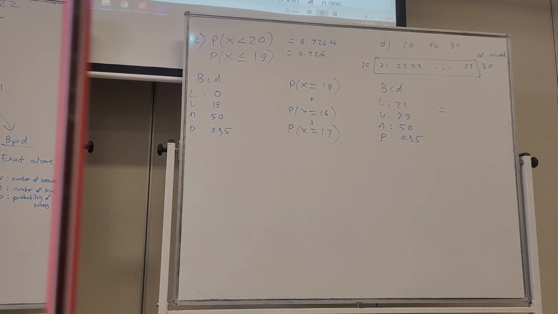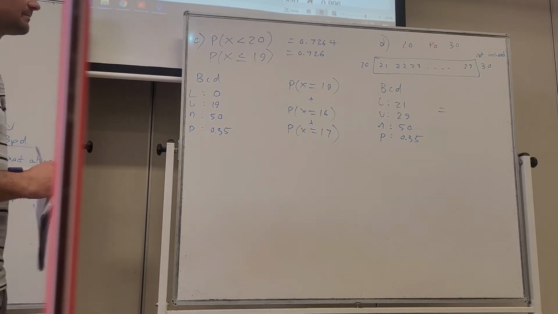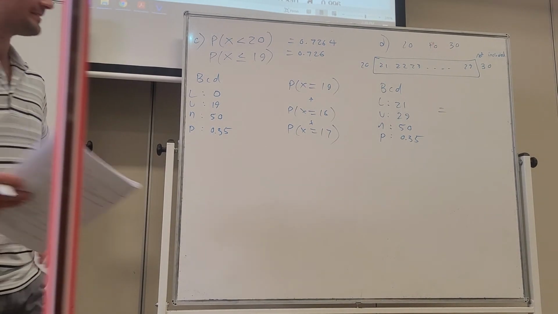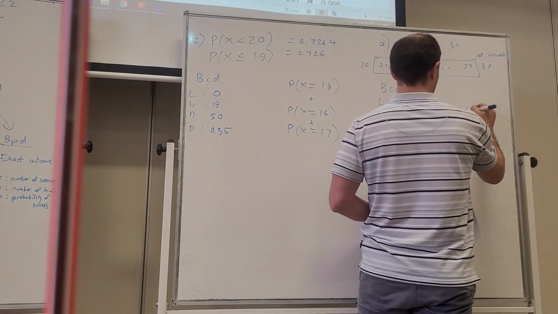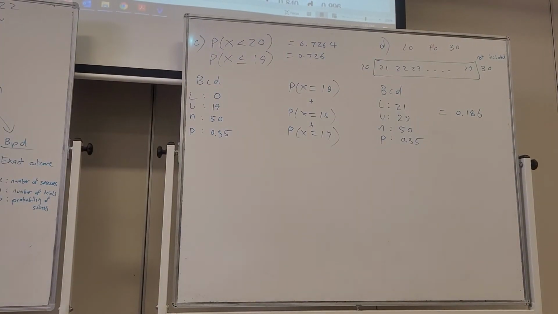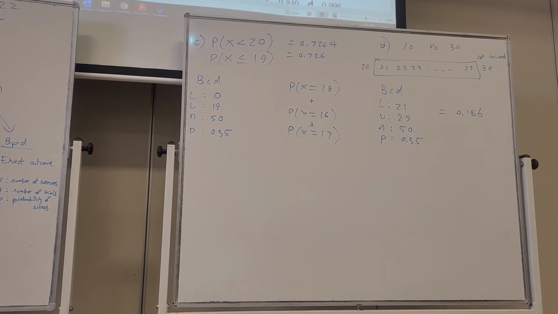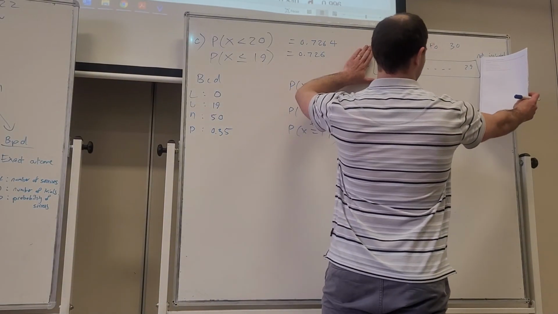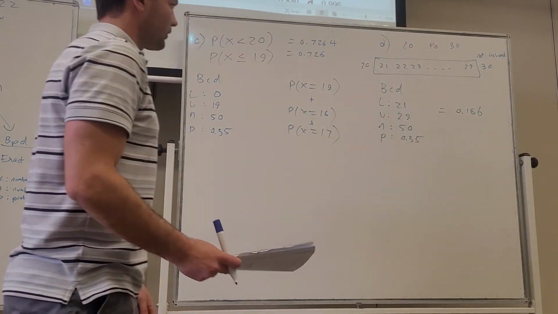So we've got an 18.6% chance of between 21 inclusive and 29 apples being rotten, or between 20 and 30 not inclusive of those boundaries.